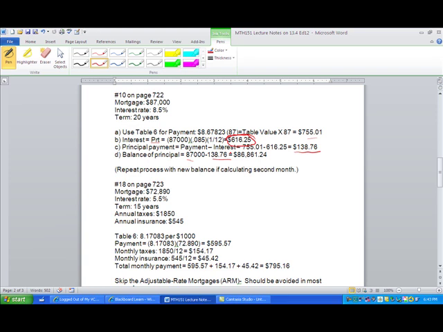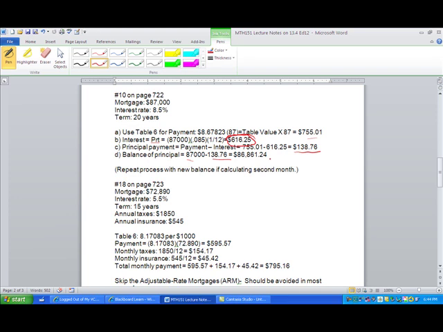Now, if we were calculating a second month, we would do the same process. We would keep the same payment. We're not going to change that. But what will change is the interest, because the principal will now be this amount times the 8.5% or 0.085 times 1/12. We come up with the interest.